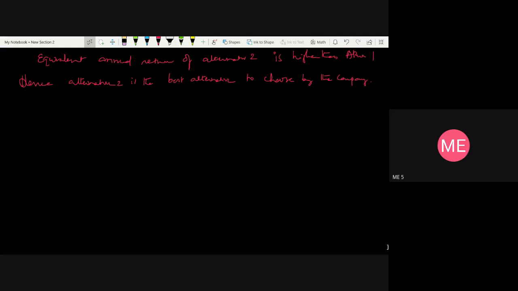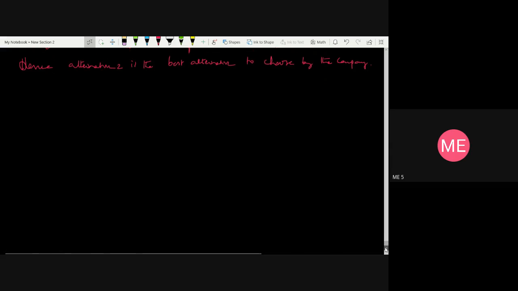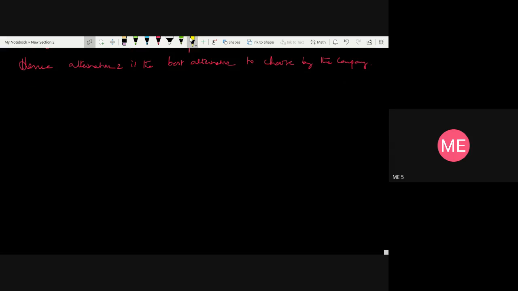We can use this method of comparison, the EAW, in certain situations. So these are the situations where the equivalent annual worth method is applied.